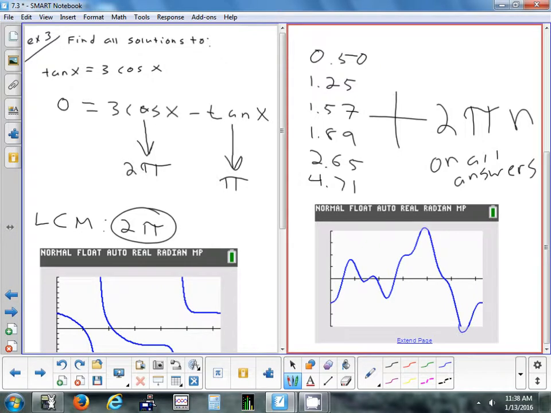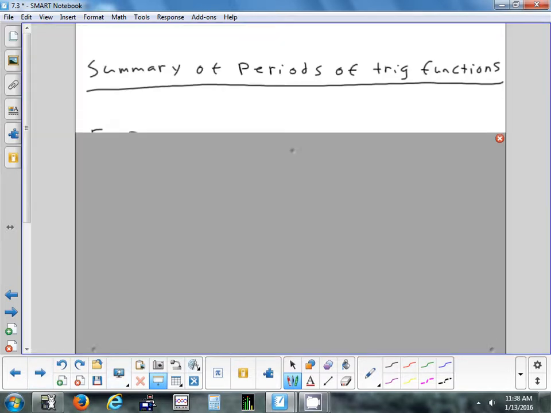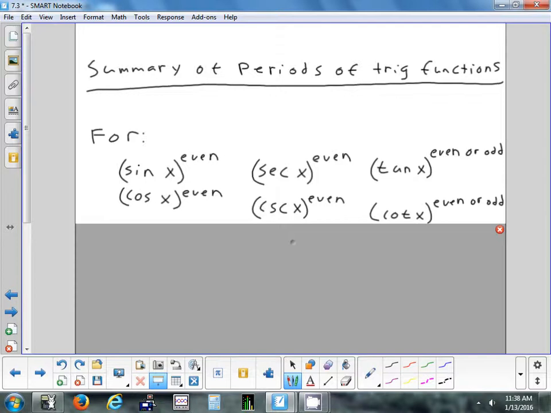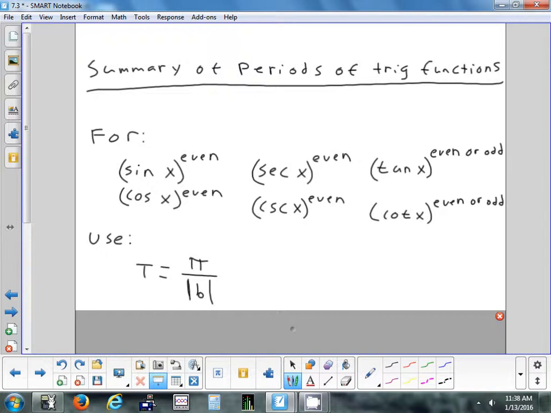All right, let's see if we can figure out a pattern to these even and odds. It turns out that most of the time you end up using the formula pi over b when you have even powers.